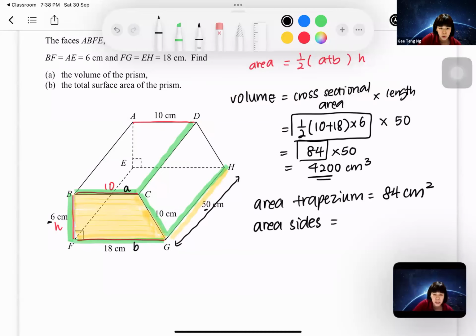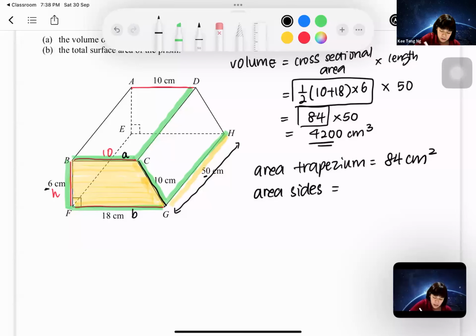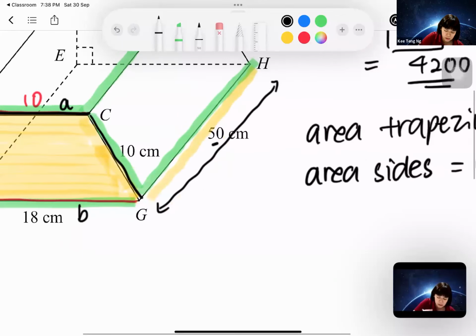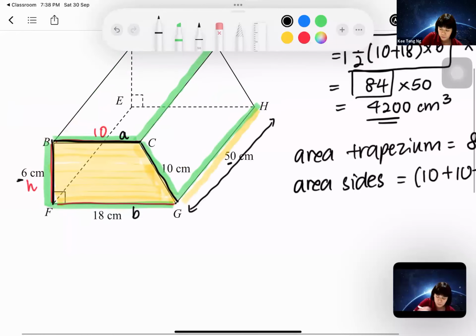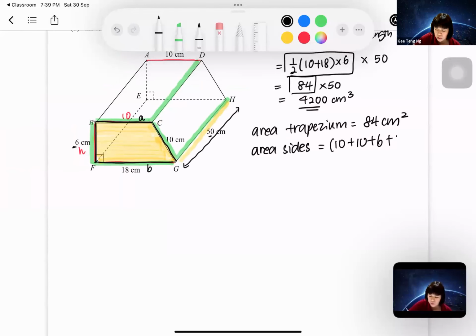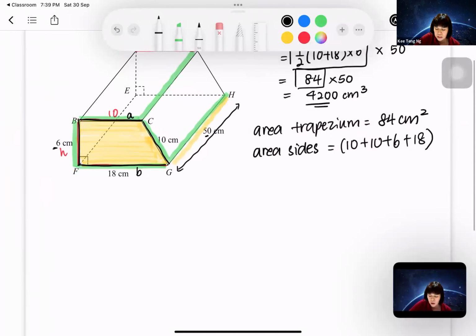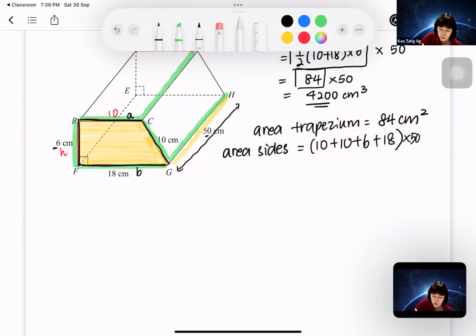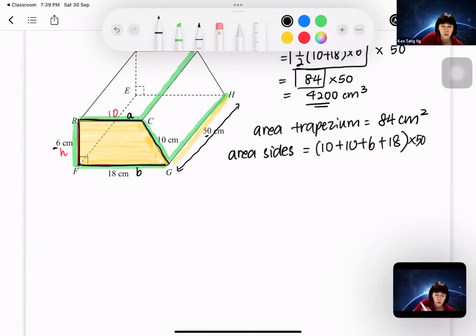Area of all the sides, I'm going to take the length 10 times 50 plus 10 times 50 plus another 6 times 50 plus another 18 times 50. So all of them need to be multiplied by 50. So I'll just write all these times 50 one time, so that I don't need to keep multiplying. But of course, if you want, in your own working, you can write the individual ones times 50.